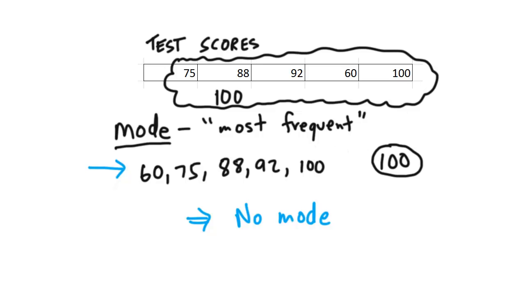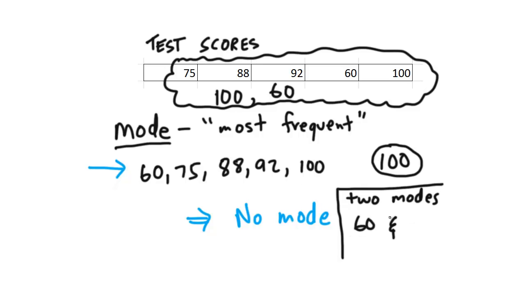And if, let's say, let's add another data value. Let's say we have another 60 added to this data set, right? So in this case now, we have 2 modes, and they are the 60 and the 100.